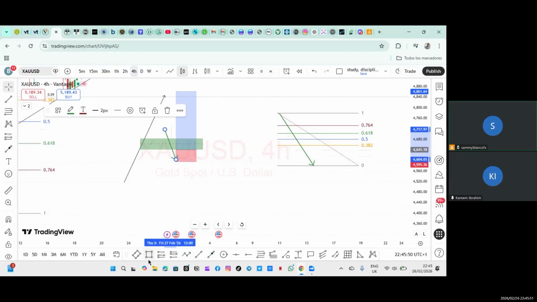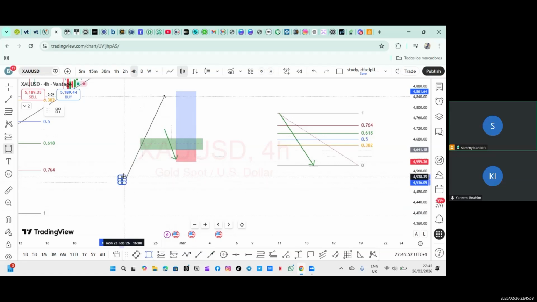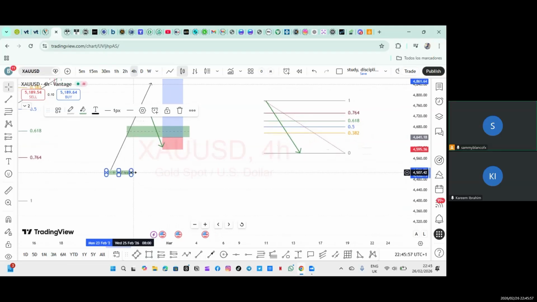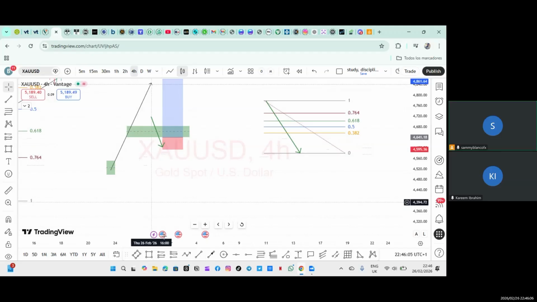Let's say this was the last candle that was printed before this big candle printed.